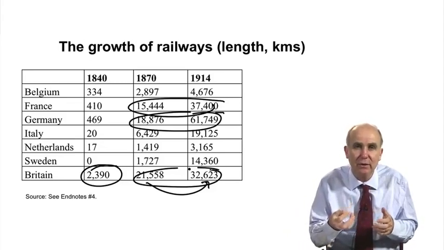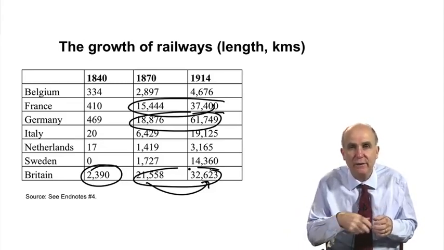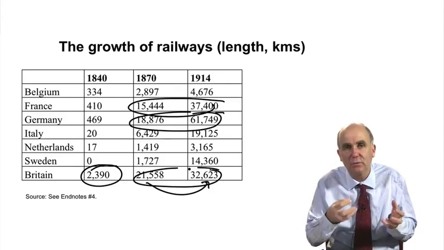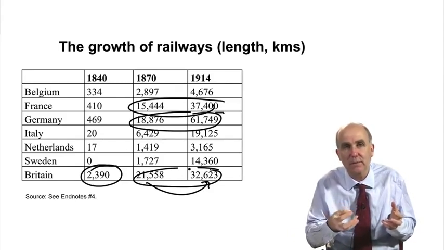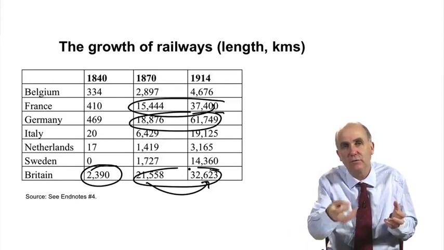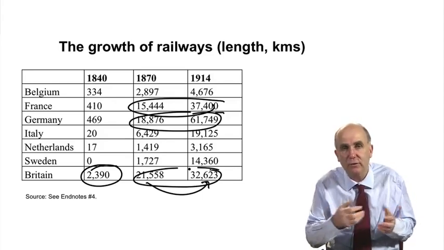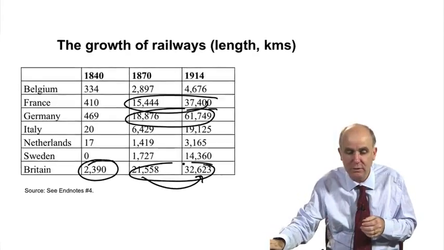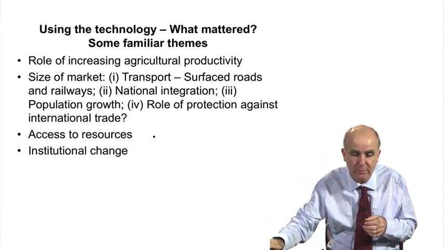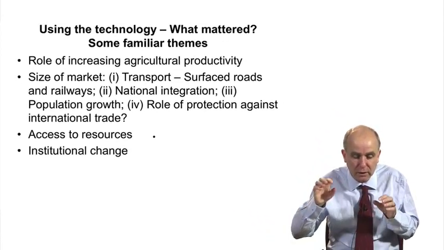Not only linking together into a single market for selling manufactured goods, but reducing the transport costs, for example, of bringing coal from the place where it's mined to the place where it's going to be used in the manufacture of industrial goods.